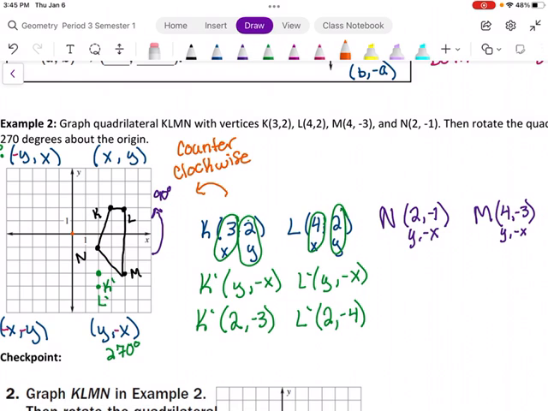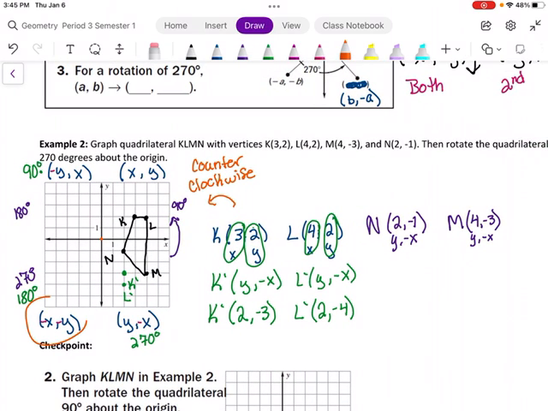So as we're rotating this, we are going to this quadrant where we want N prime to be negative x, negative y. So we already know what negative x is. We know that's negative 1. And we know y is 2. So to make it negative y, we're just going to add a negative sign. So N prime is going to go to negative 1, negative 2.